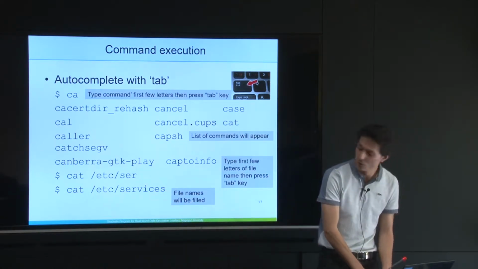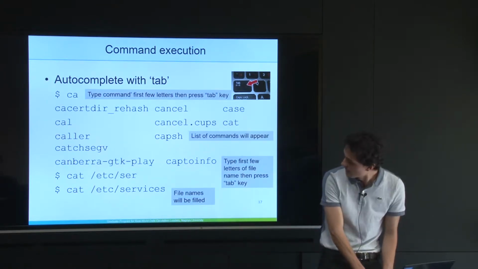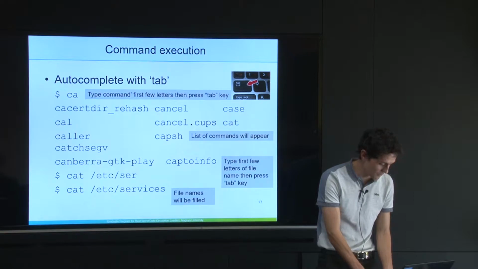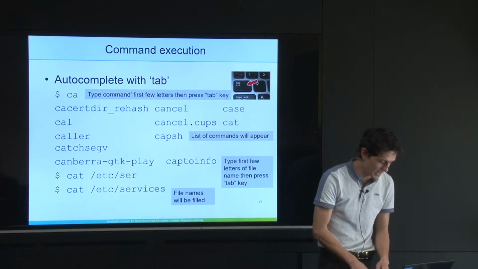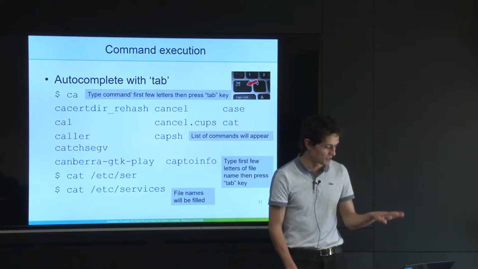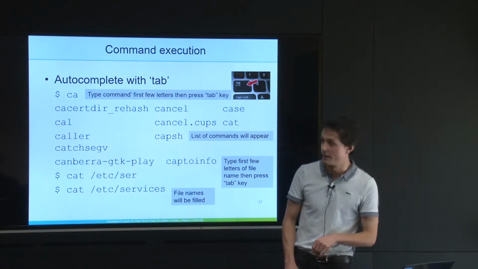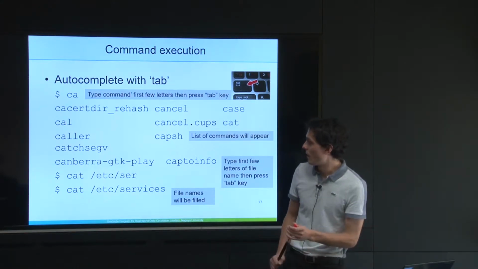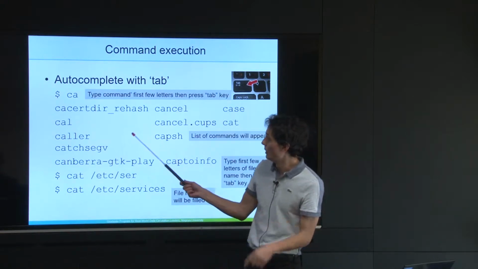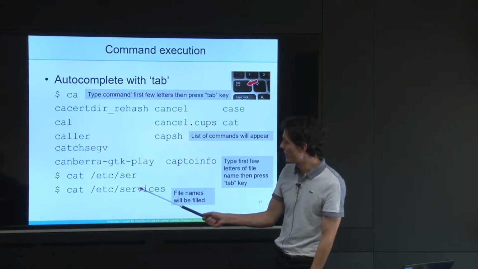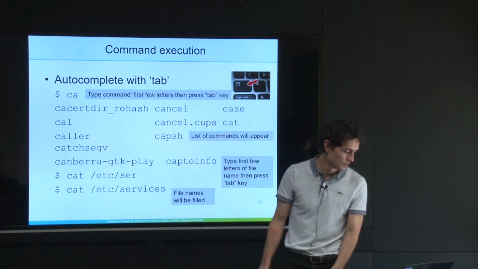So if you type in cat and then /etc/ and start typing the name of services, then use tab to autocomplete, it will come up and it will give you a big long list of services which are running. So the tab autocomplete is really, really handy, and it works both for functions which the system knows about and also locations like this one, services.